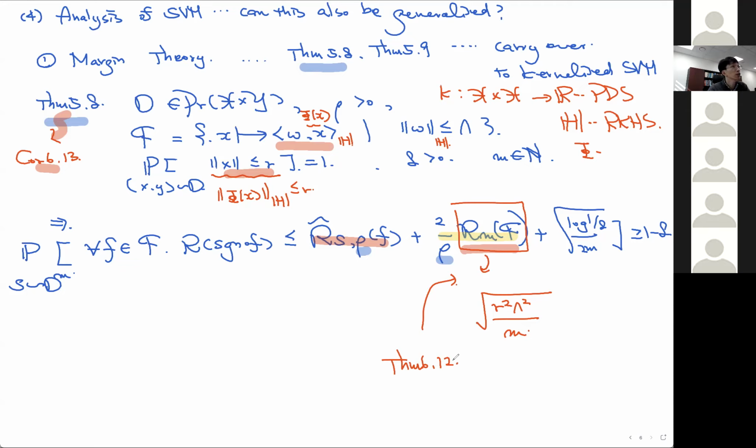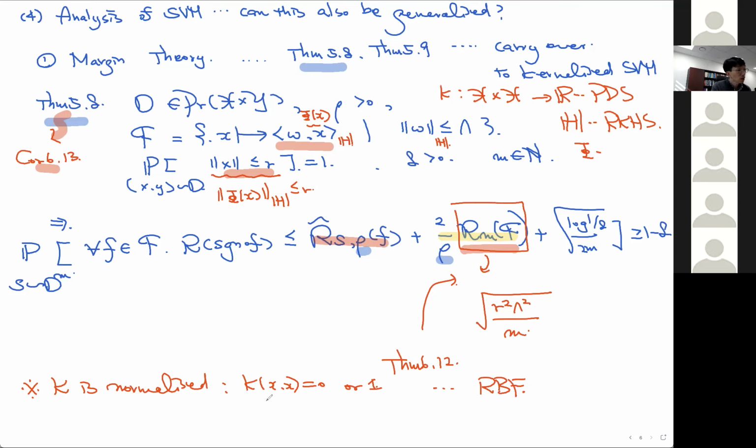Just before finishing, let me mention one more thing. Now, suppose our kernel K is normalized, which means that K of (x, x) is either 0 or 1. We learned about the normalization construction, so we suppose K is obtained by applying it. One example is the RBF kernel.